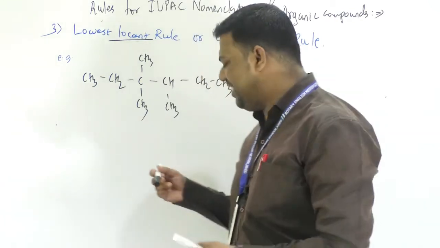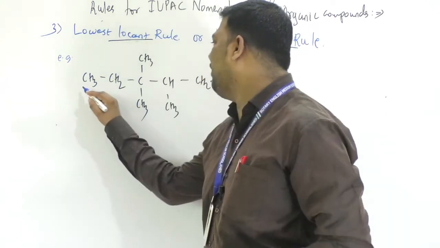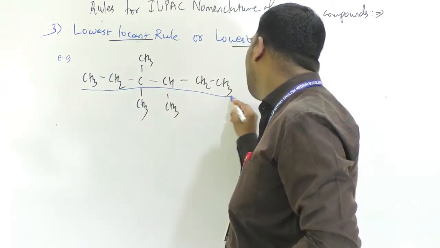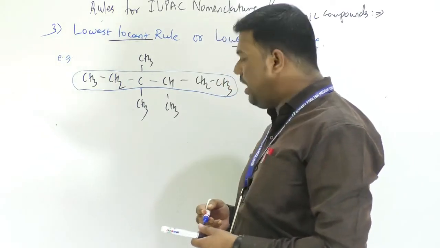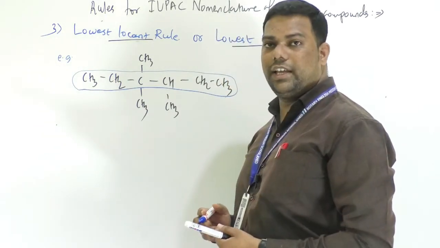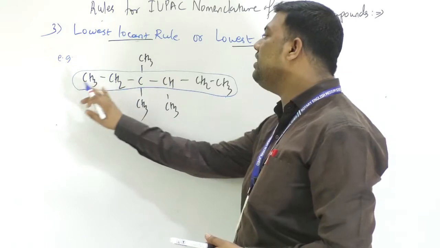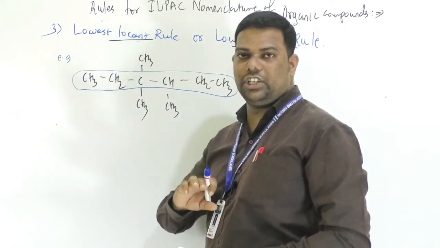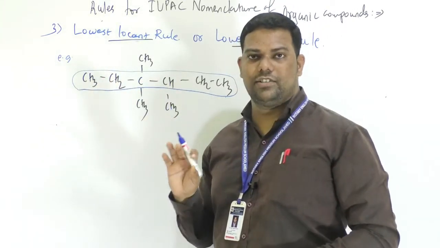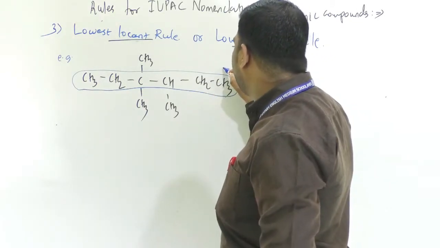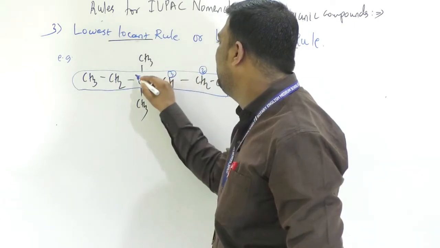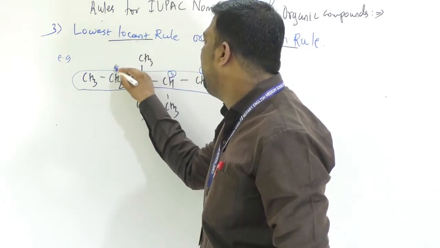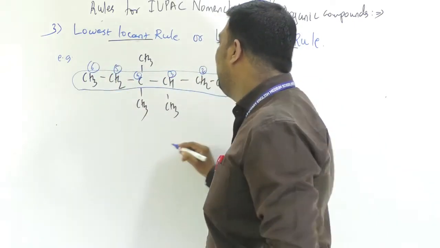First we select the longest chain without wasting time. Now you may be thinking whether to number from this side or that side, so we check numbering from both sides. 1, 2, 3, 4, 5, 6.